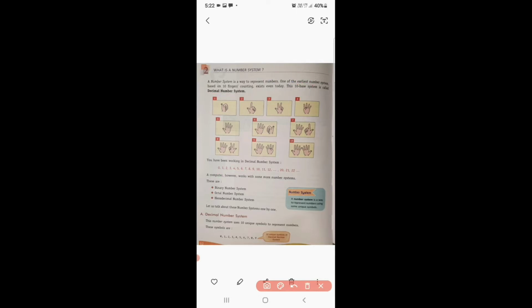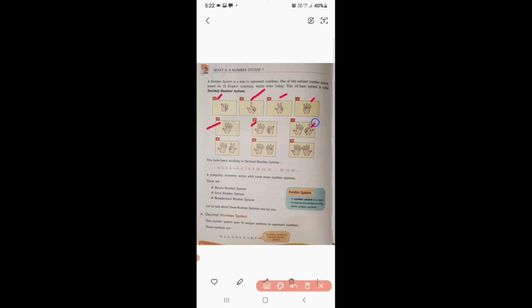Another important point is that base, B-A-S-E, is also called radix, R-A-D-I-X. Okay, children?